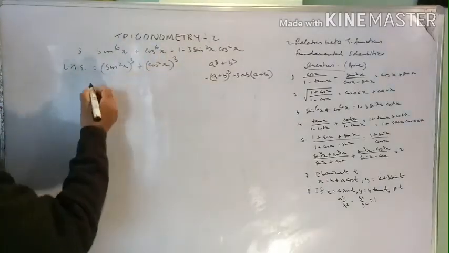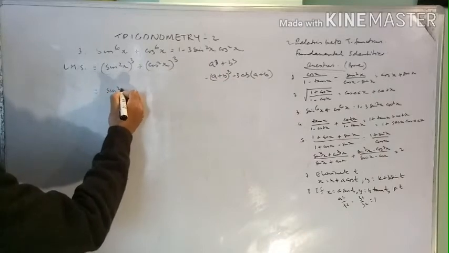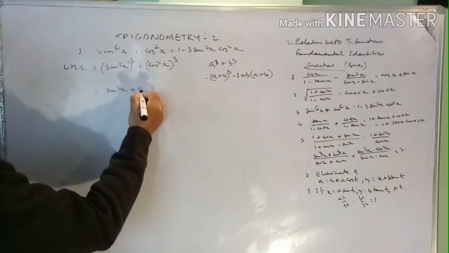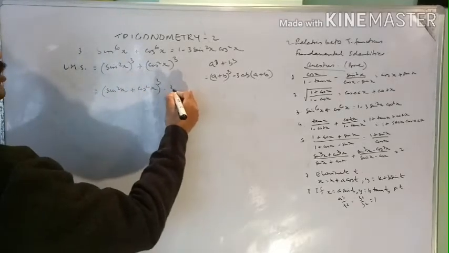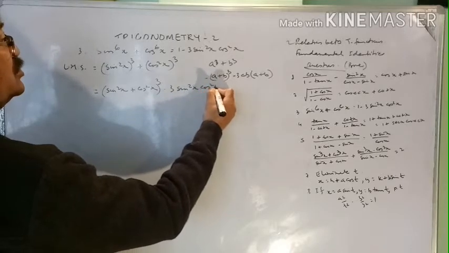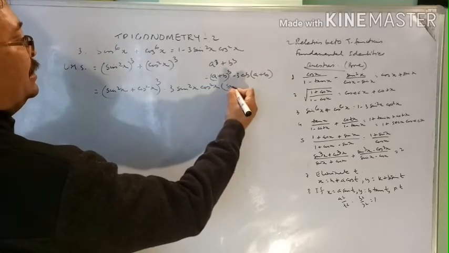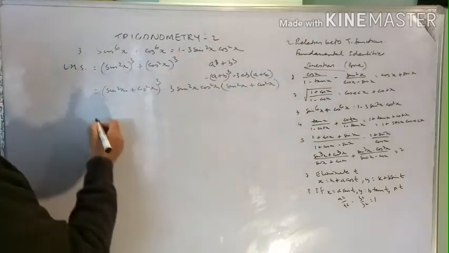Okay, so applying the formula, a plus b means sin square x is a plus cos square x is b and whole cube, minus 3 into a is sin square x, b is cos square x, a plus b is sin square x plus cos square x.